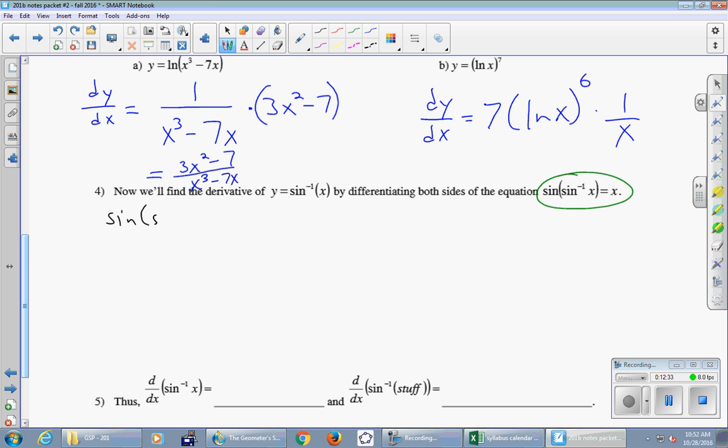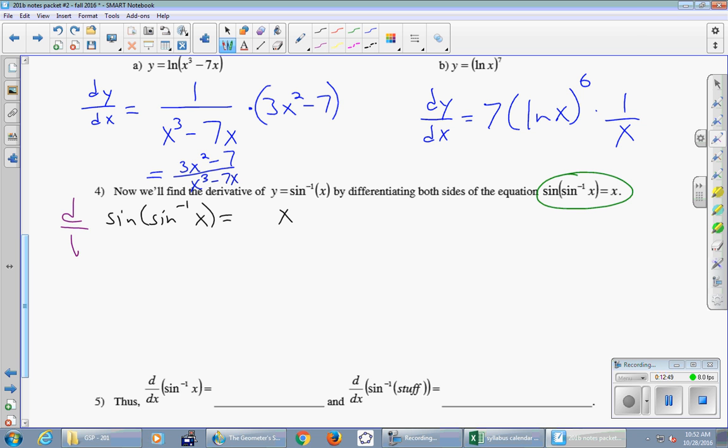We're going to copy the original equation, the identity, leave a little bit of space there. And what are we going to do to both sides as our first step? Let's take a derivative. As long as we do it to both sides, we're okay.